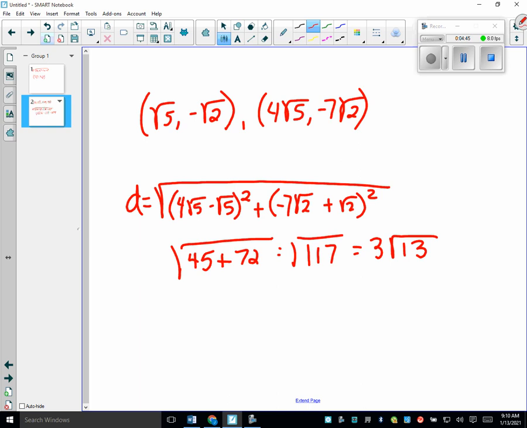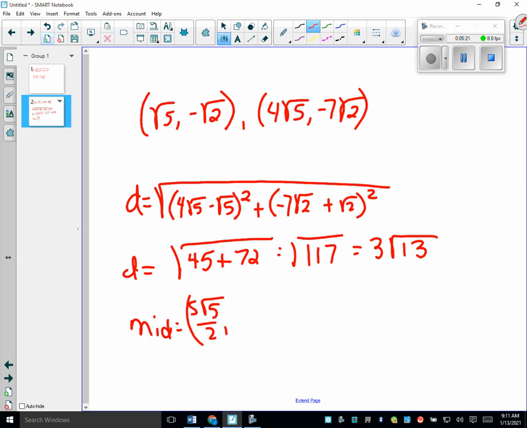Now, how do I find the midpoint? Can I add the x's, which gives me what? What do I get when I add the x's? 5 radical 5. So is the midpoint equal to 5 radical 5, oops, over 2?